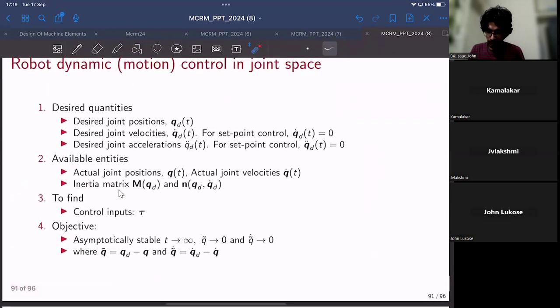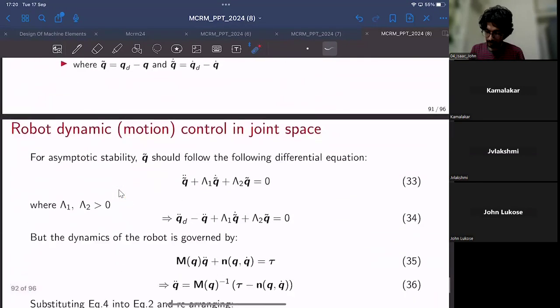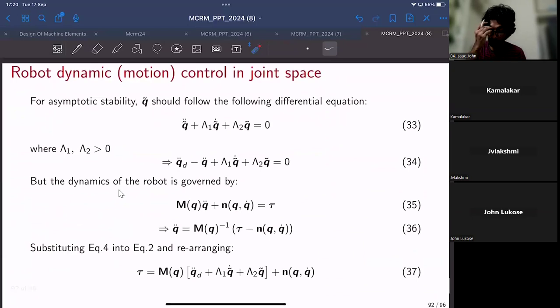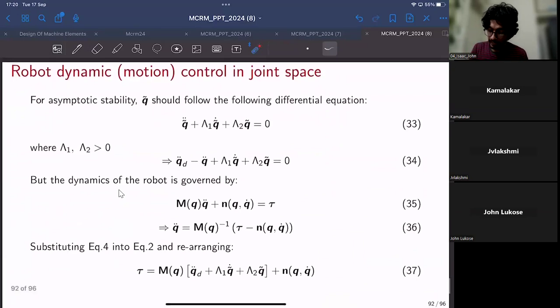And similarly, for the closed loop condition, we actually want our error to behave as per this second order error dynamics, just like in the case of kinematics, where we wanted it to follow first order error dynamics.